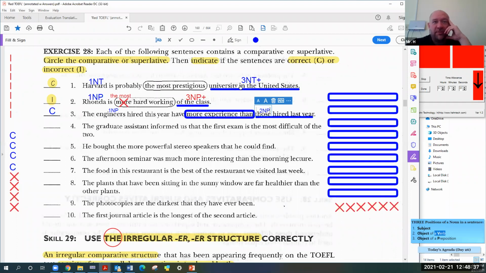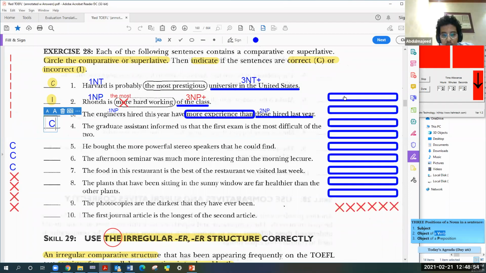So Abdul Majid, what about number 4? I think it's correct. Where do I put the circle? The most difficult. Yeah.